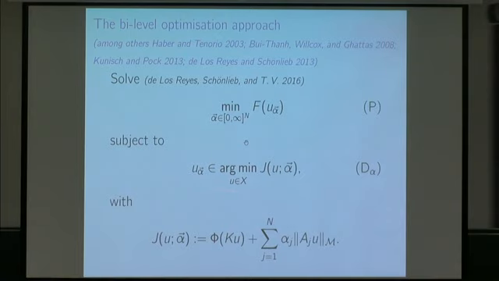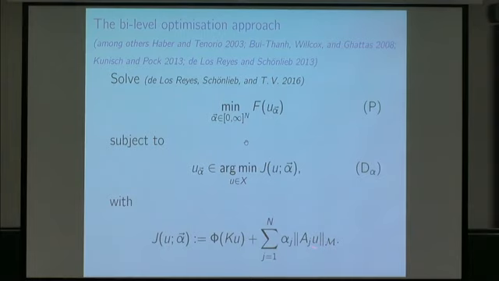So it measures how good this solution is and tries to find the best parameter. And in this talk, our specific image processing objective is like this. So there is a fidelity term, there is some K, and there is a kind of sum of norms of some operators of u.